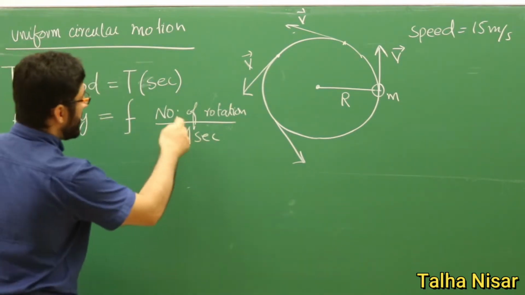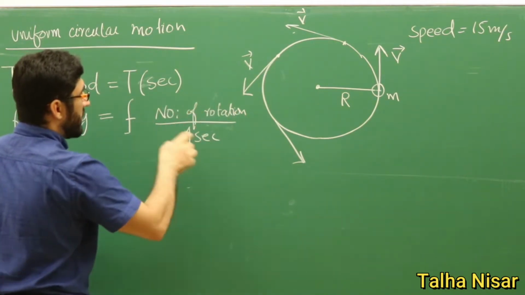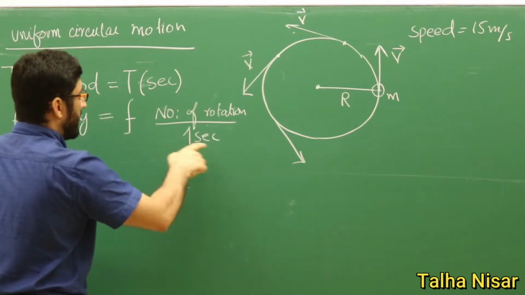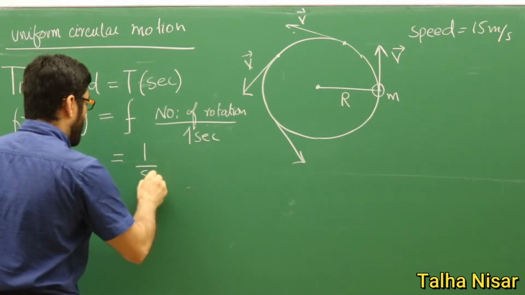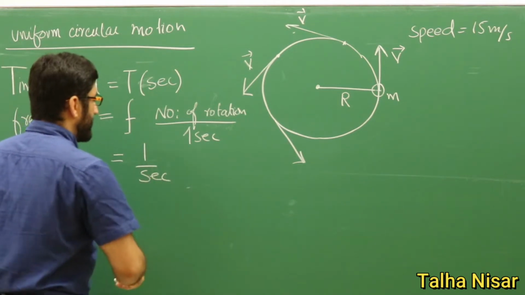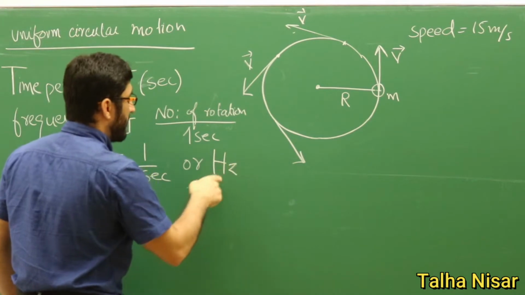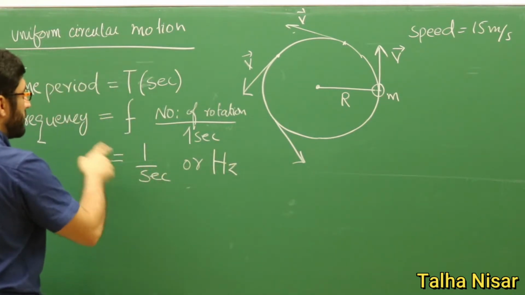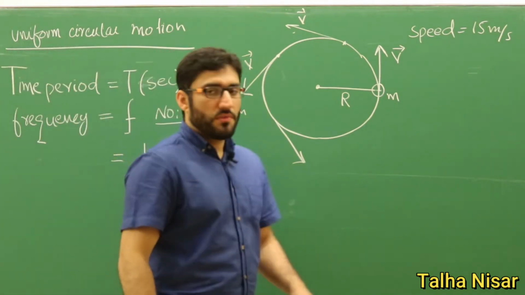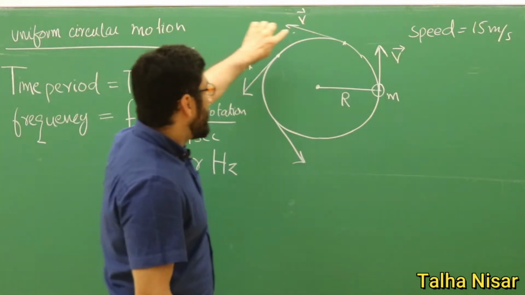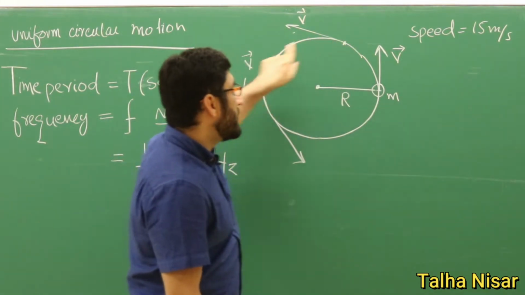The number of rotations doesn't have a unit, but second has a unit, so the unit is 1 over second, or we also use the standard unit, the hertz. Hertz is the unit of the frequency and it's equal to 1 over second. The frequency is how many revolutions are completed in 1 second.